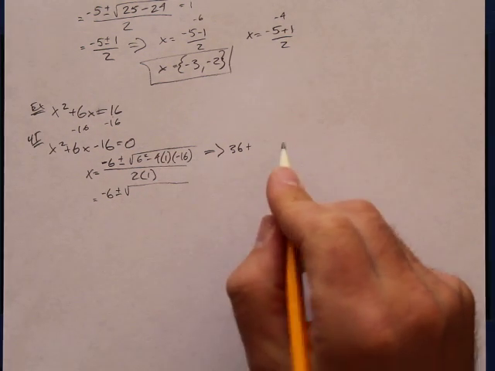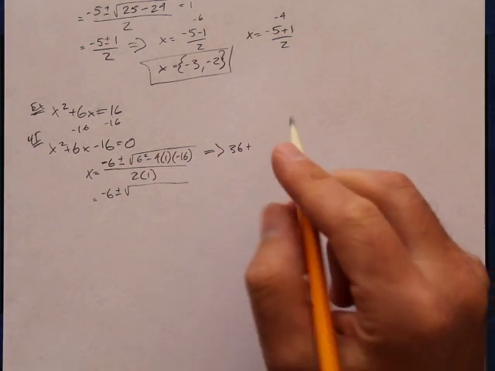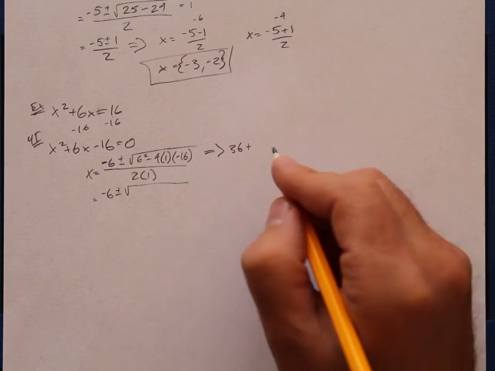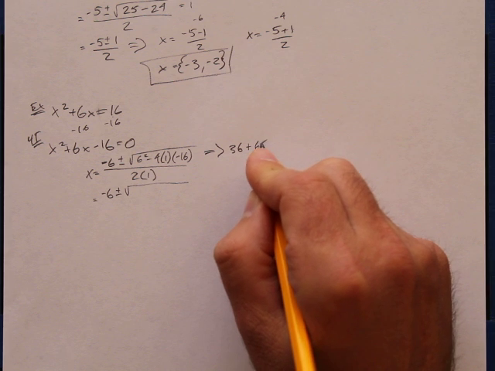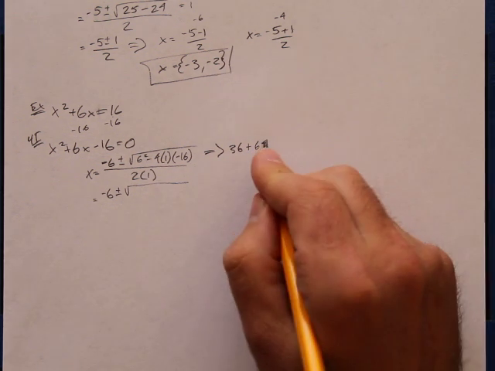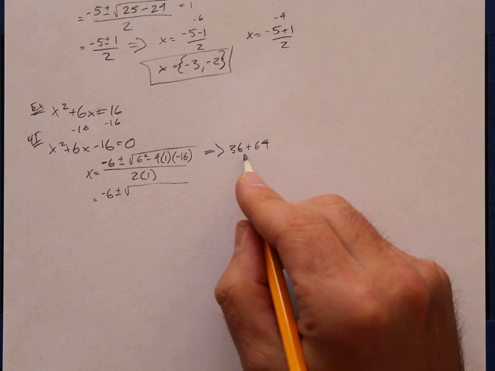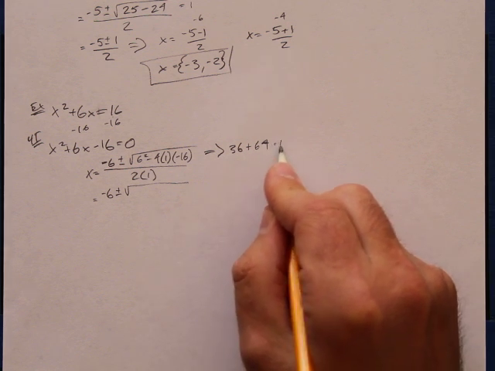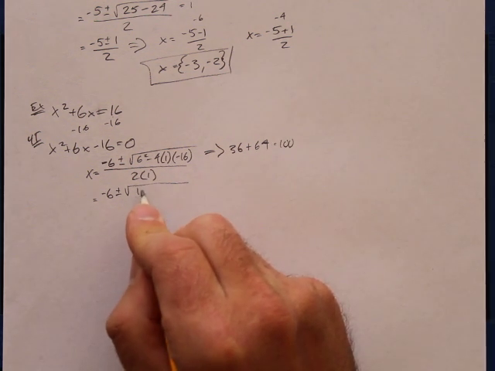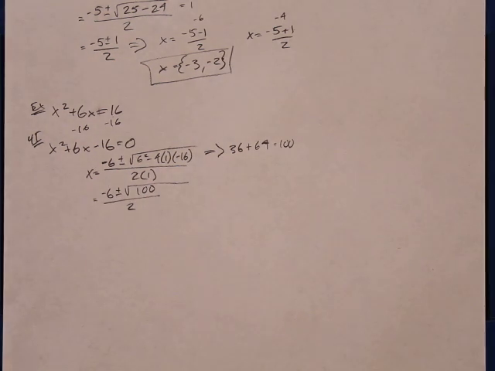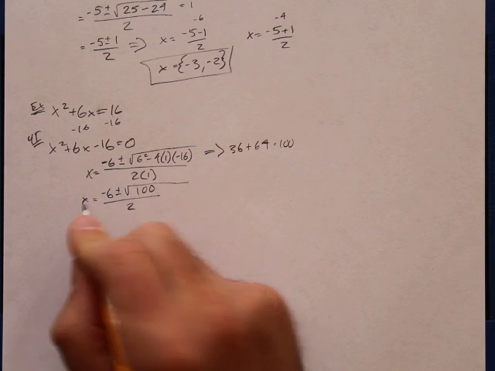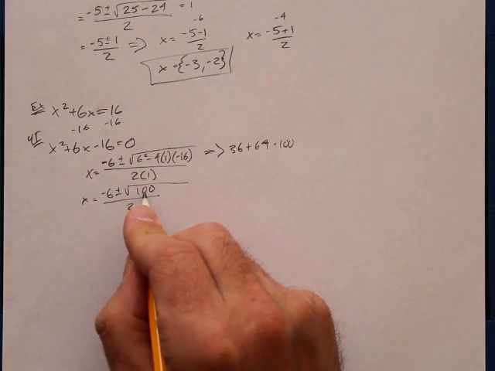4 times 16 is 64. And so that gives me 100. So I've got negative 6 plus or minus the square root of 100 all over 2. Now, square root of 100 is 10.